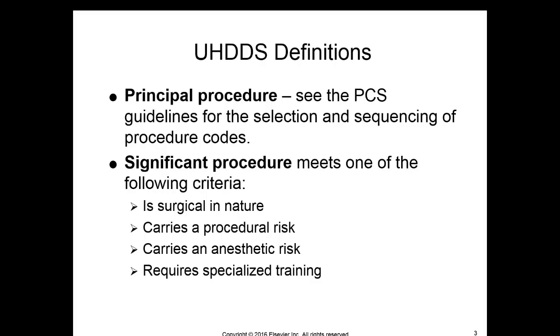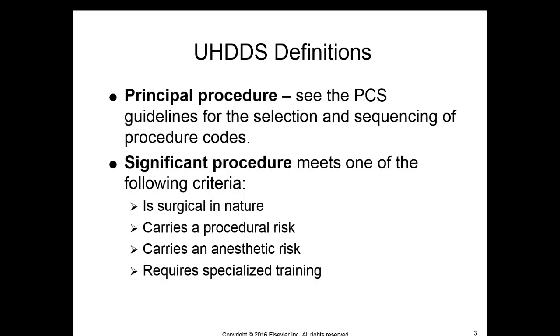UHDDS actually defines the principal procedure, and the definition is actually used by acute care hospitals, short-term hospitals, and we are reporting inpatient data elements. So it's very important for you to understand that the procedural coding system is only used for hospital inpatients.